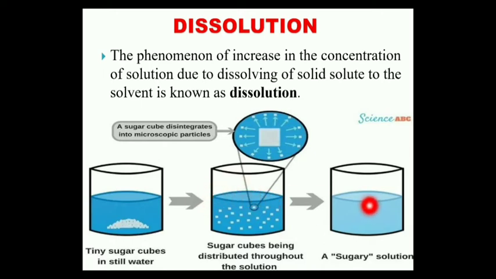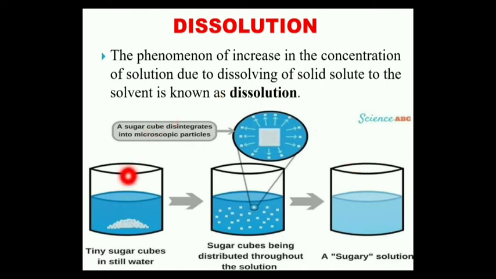So what is the difference between the first beaker and the last beaker? In the first beaker, the concentration of the solution is less. That is, it's a dilute solution. But by the last beaker, you can see the concentration of the solution has increased. That is, this is a concentrated solution, right? The amount of sugar present in the first beaker and the last beaker is different.